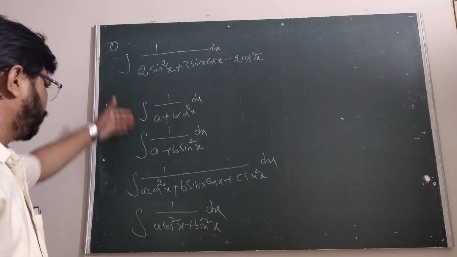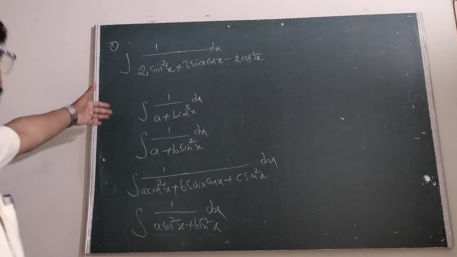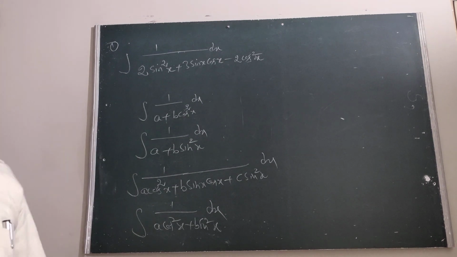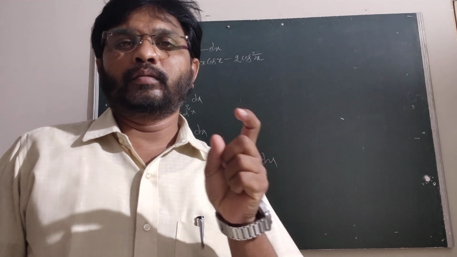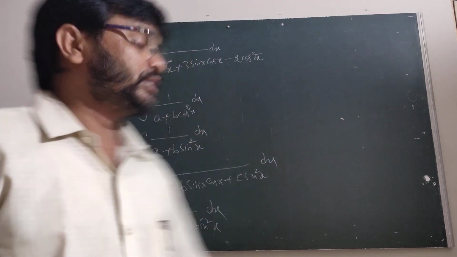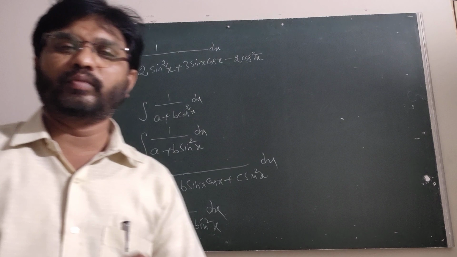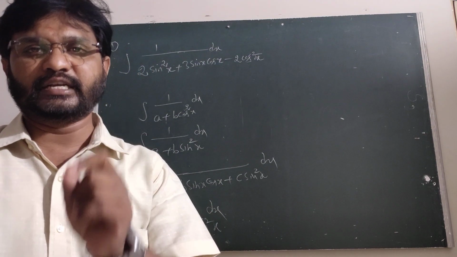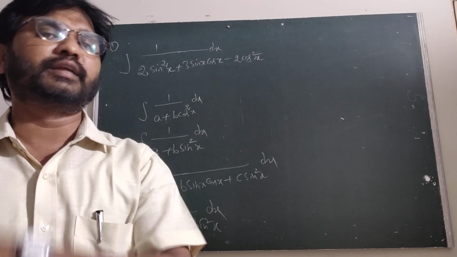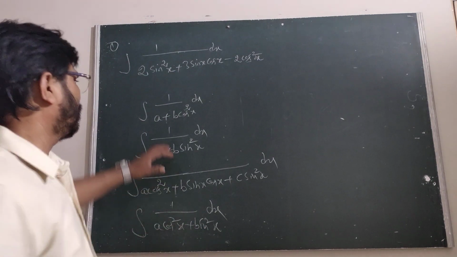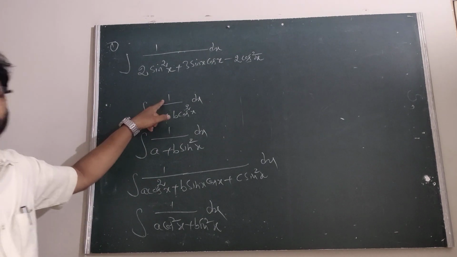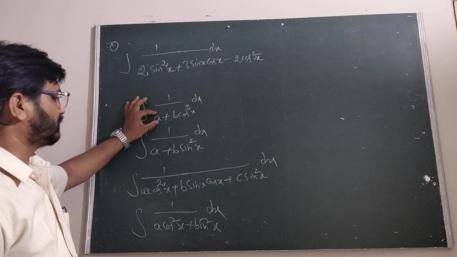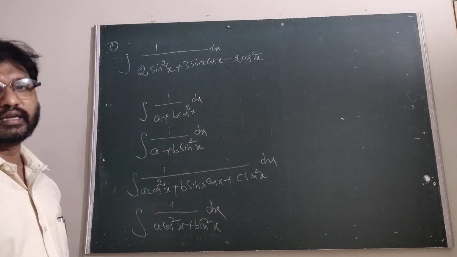These four integrals we can evaluate by multiplying with secant square x, both numerator and denominator. Do you understand? We multiply secant square x with the numerator and denominator. So the numerator becomes secant square x into dx, and the denominator a into secant square x; secant square x into cos square x is the reciprocal.